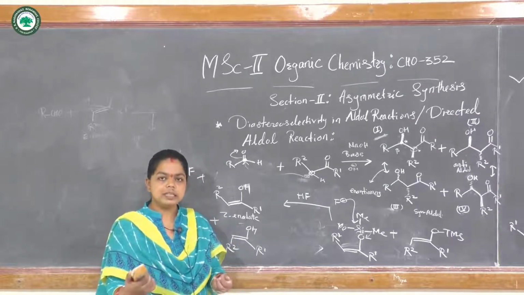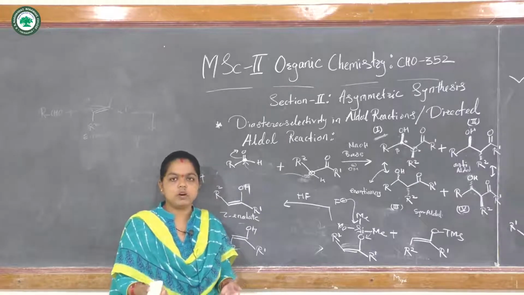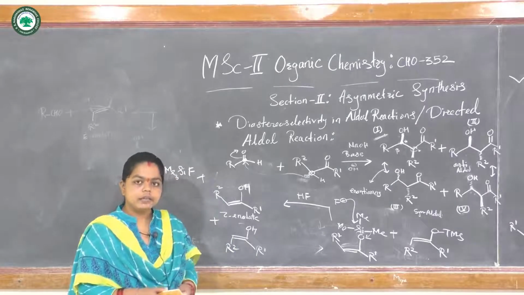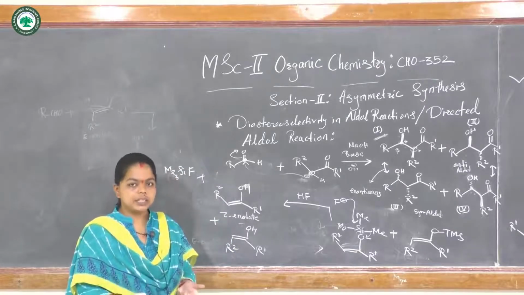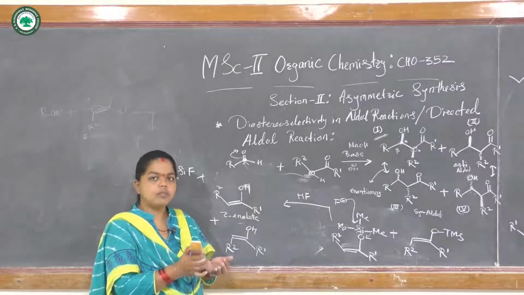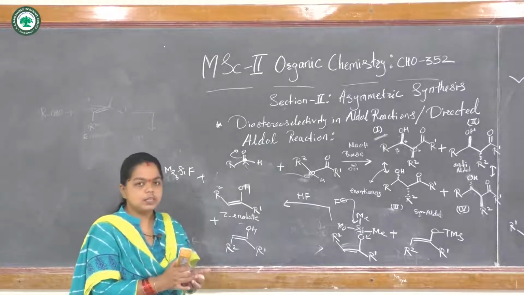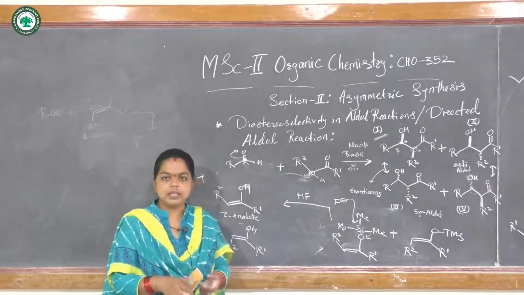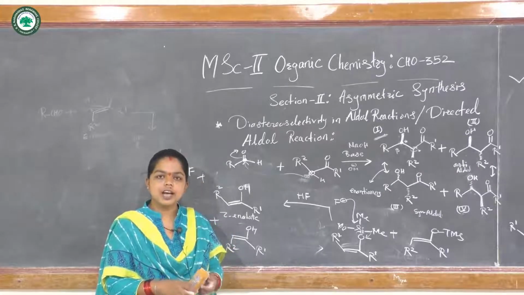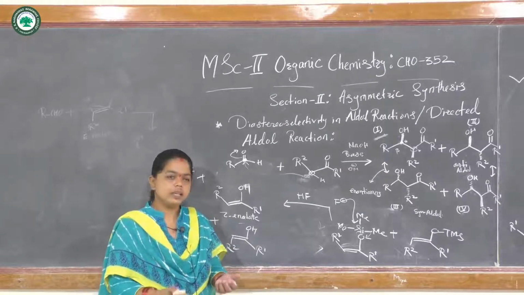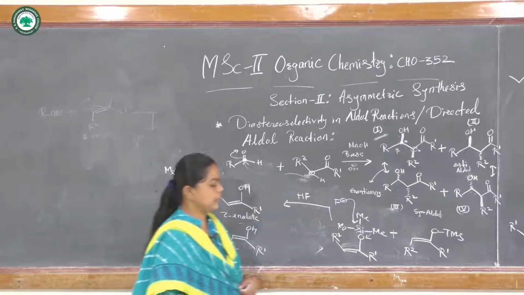And if we treat the pure form of the E enolate with the aldehyde, we get the anti aldol. So we can form one diastereomer selectively. Now let us see why we get the syn aldol with the Z enolate and the anti aldol with the E enolate. Let us see this reaction.